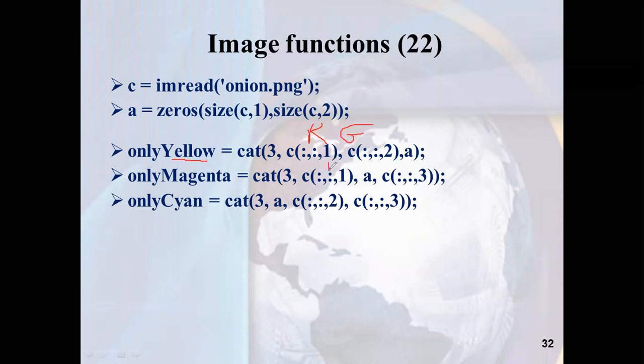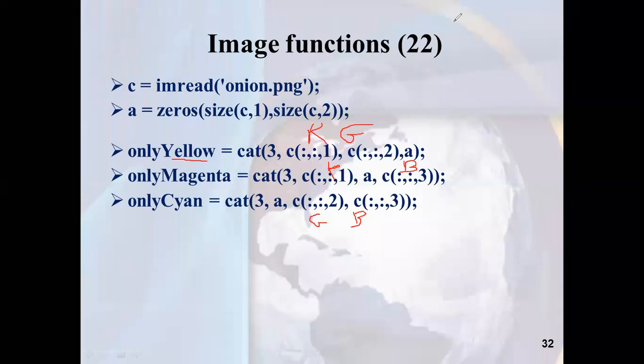Red and blue give magenta. Green and blue channels, without red because it's 0, give cyan. So we just create 3 other filters.